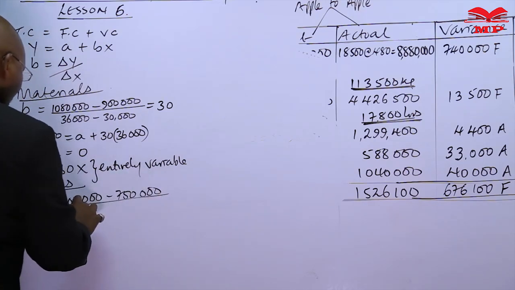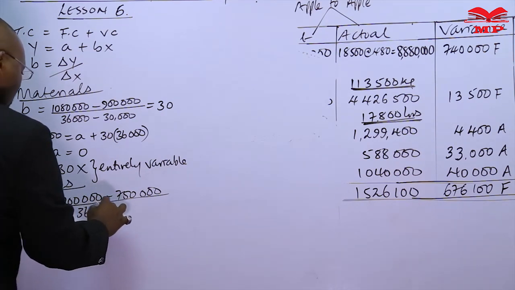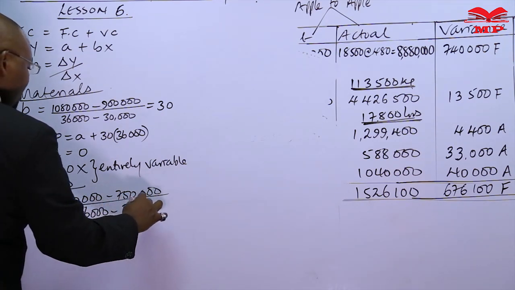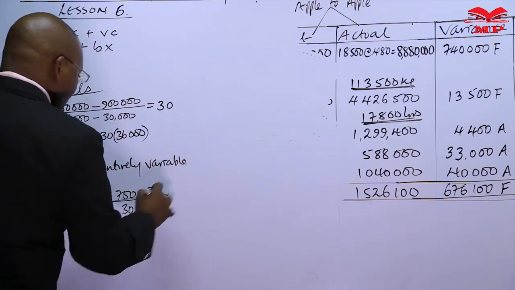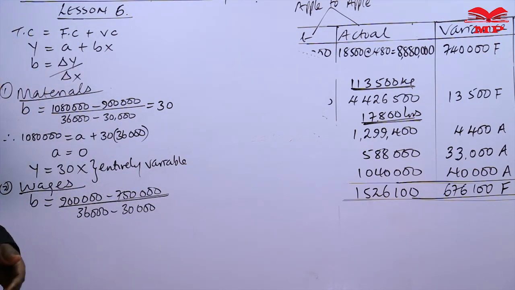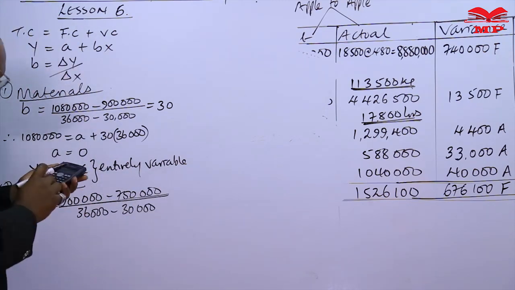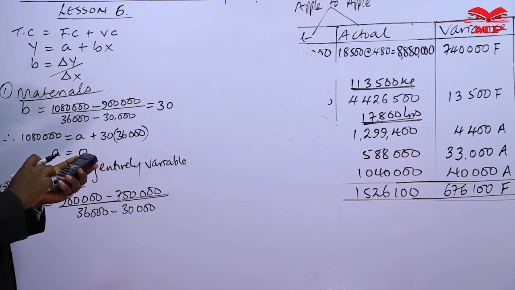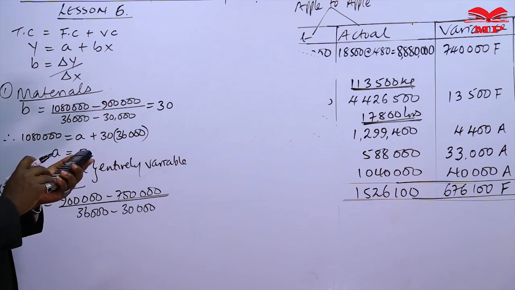This we divide by that 36,000 minus 30,000. This is constant. It does not change. So the numerator is 900 minus 750, which is 150, divided by 6,000.